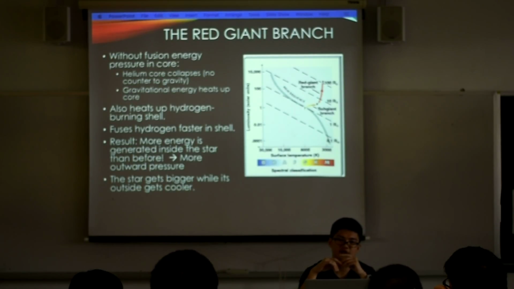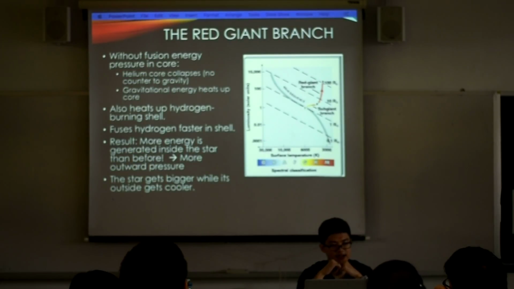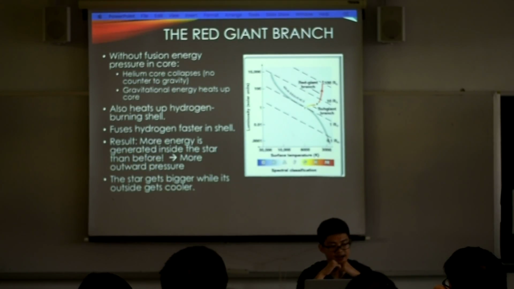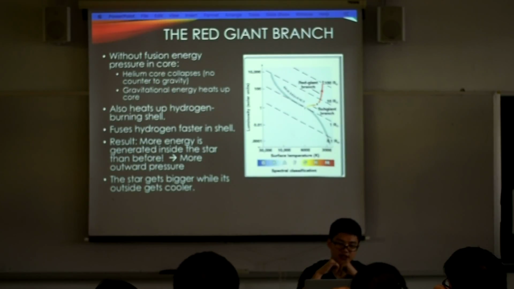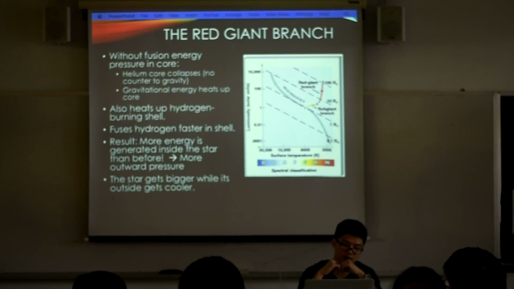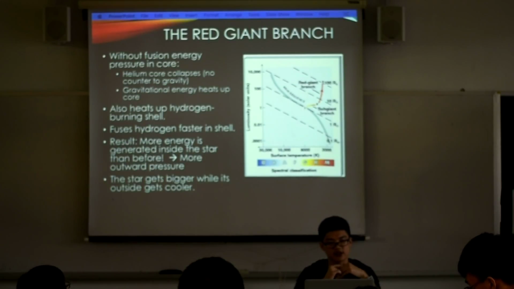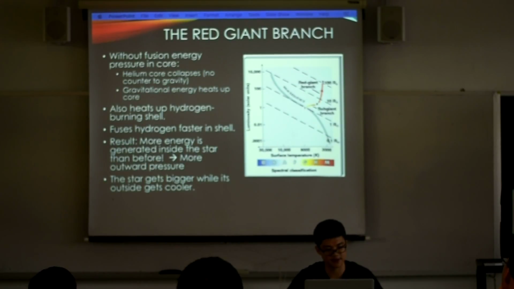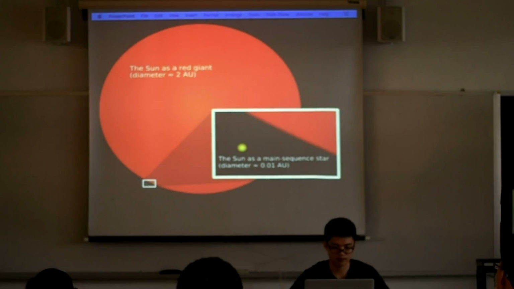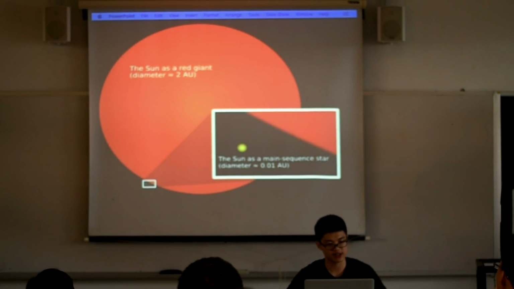Initially the temperature in the shell is not high enough to sustain fusion, but now it is high enough. So the hydrogen in the shell starts to fuse, and pressure is produced inside the shell. The gravitational pull is not able to hold the shell, and the shell expands and expands. So the star gets bigger. It is known as the red giant.